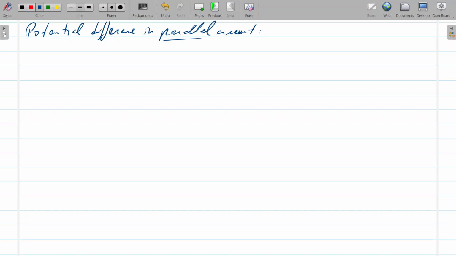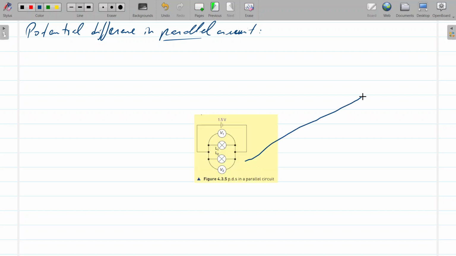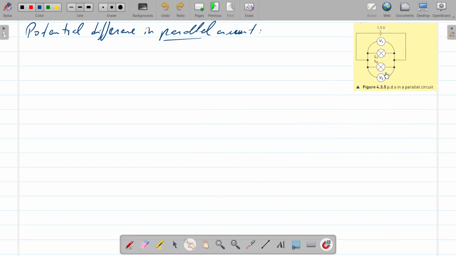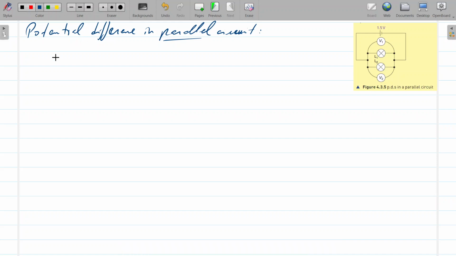All right, so this is a circuit that has 2 lamps in parallel.